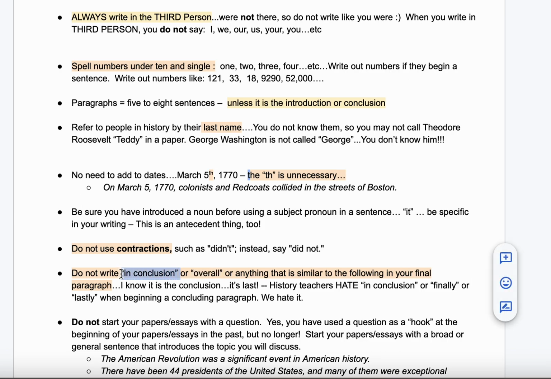I've never read a 500-page book and got to the last paragraph and the author's like, in conclusion, I know it's the conclusion. It's the last part of the book. In conclusion is something you write in 3rd grade. You're in like 8th grade now. So don't say in conclusion or overall or lastly. No, just write it. Okay? God, we hate that.